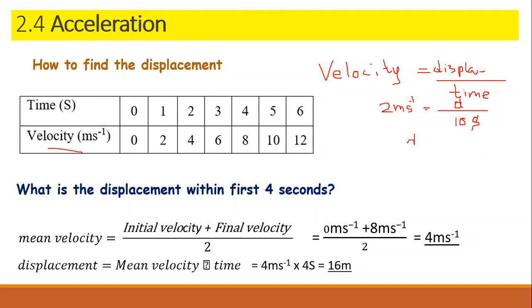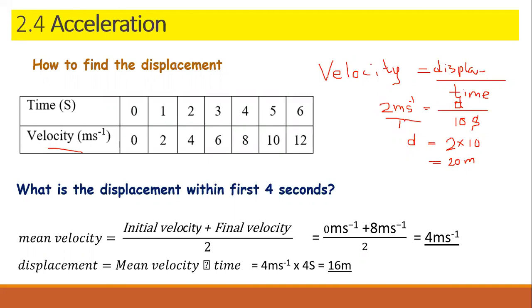By using cross multiplication, we multiply 2 by 10 and d by the 1 which is here. We will get d on one side and 2 into 10 on the other side. So 2 into 10 is 20 meters. The displacement it has done is 20 meters.